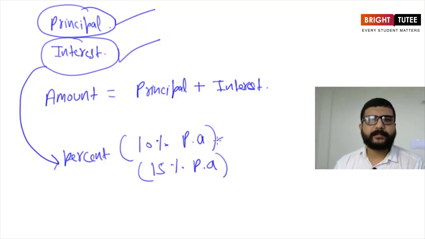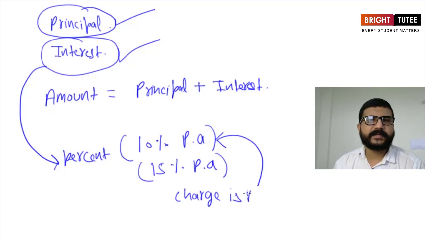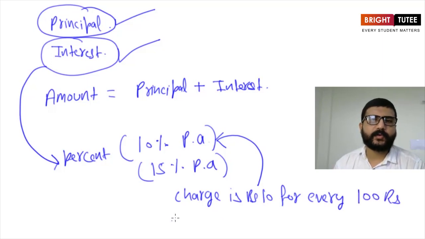Now what do we mean by 10% per annum? That is, the rate of interest is 10% per annum, means we have to pay rupees 10 for every 100 rupees borrowed. Or we can say charge is rupees 10 for every rupees 100 borrowed.